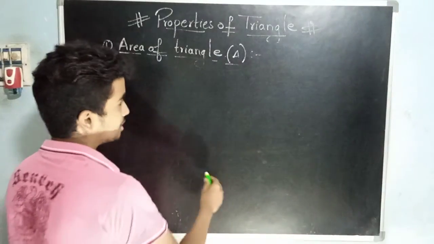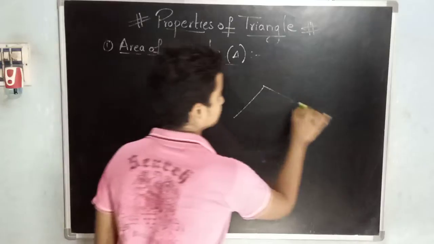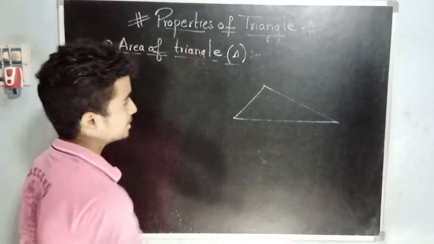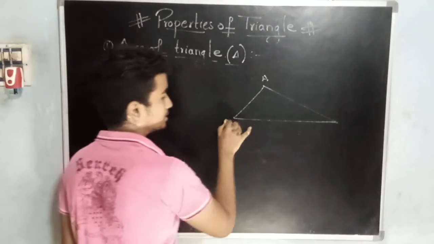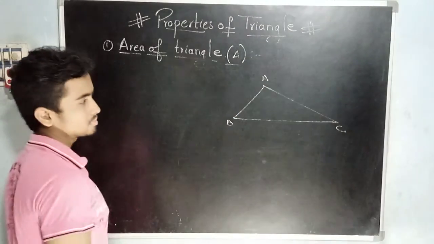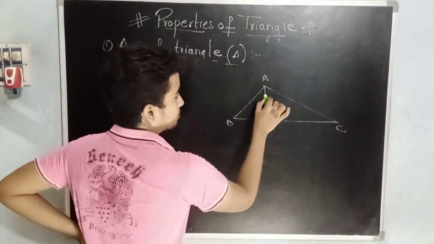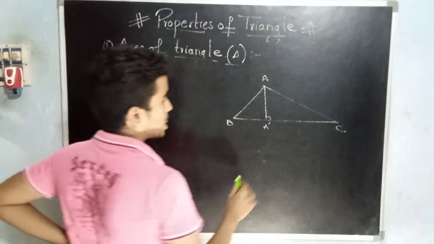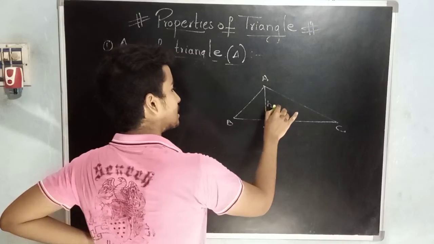Similarly, what about a normal triangle? Let me consider this triangle ABC. Let me drop a perpendicular AA dash whose length is h.